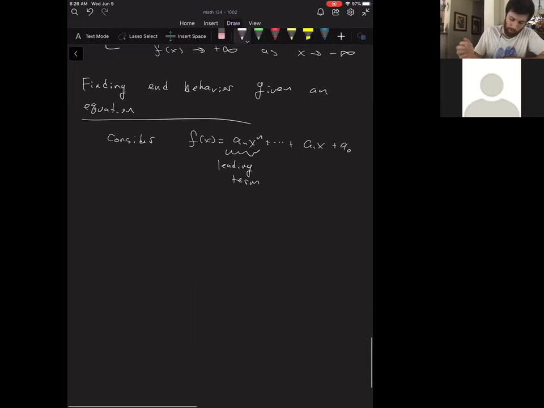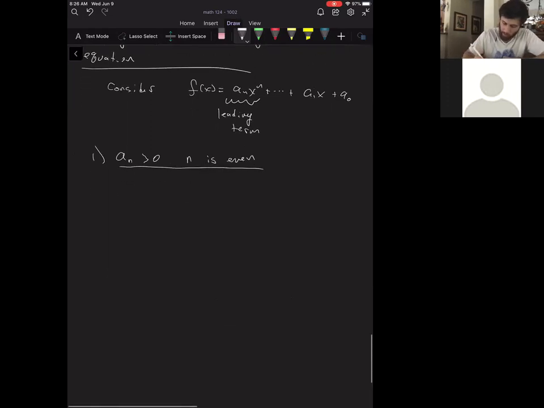We have 4 separate options. Our first option is if a_n, which is often referred to as the leading coefficient, the number in front of the x to the n, is positive and n is even. This is option number 1. When this happens, the end behavior is going to look like this.